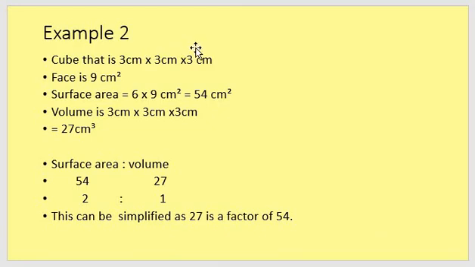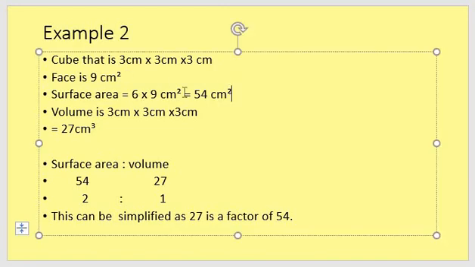Example number 2 here, if you had a cube that was 3 by 3 by 3, the face would be 9. 6 lots of 9 will give you 54 centimetres squared for surface area. That's come down here, 54. Your volume would be 3 times 3 times 3, which would be 27, which is here. Now, luckily, I quite like spotting patterns. 54 to 27 would be acceptable.